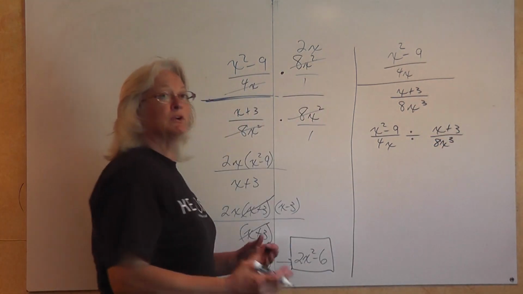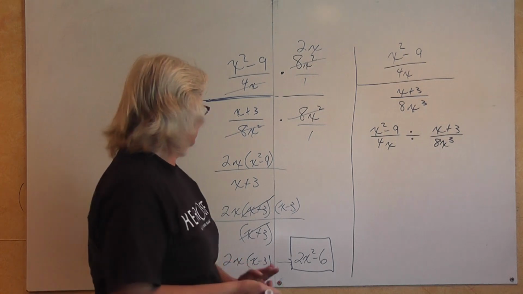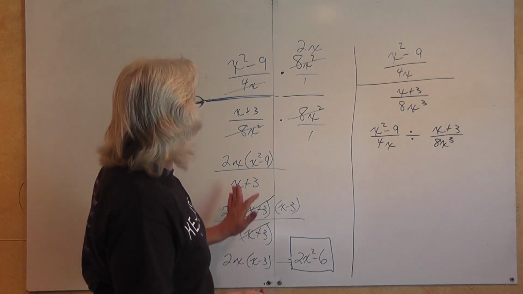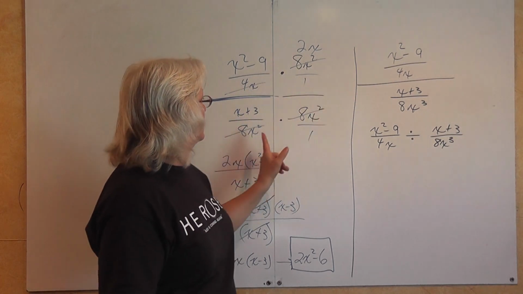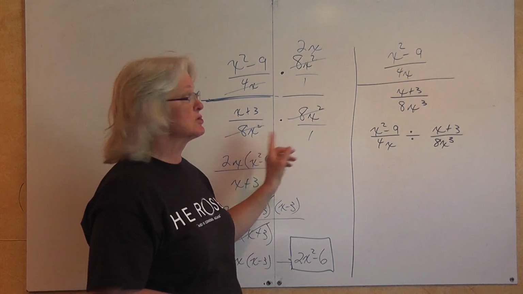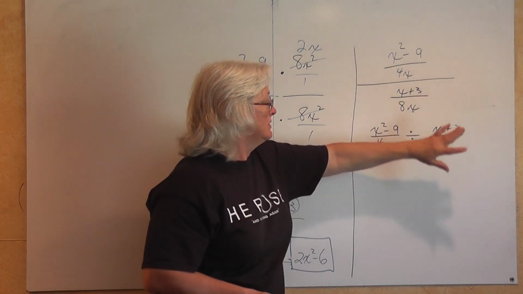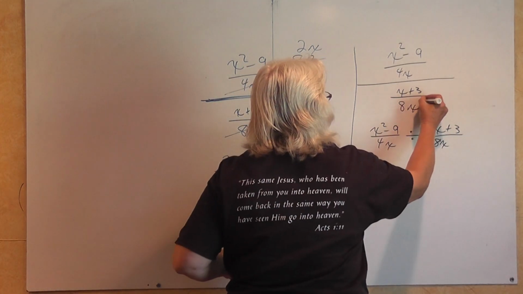Oops, I'm missing something here. I changed my problem: I have 8x cubed, it should be 8x squared. It's an advantage of being the teacher and looking ahead and saying, oops, I'm ending up with a problem here. 8x squared.